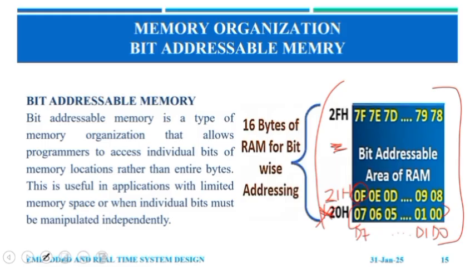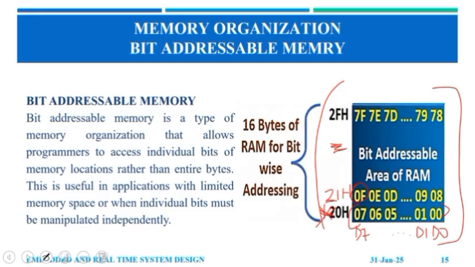which bit is 0FH? In which memory location is 0F located? If we look at this, we'll see that bit 0FH is in memory location 21H. And what is the position of this 0F? We'll see that the position is D7.